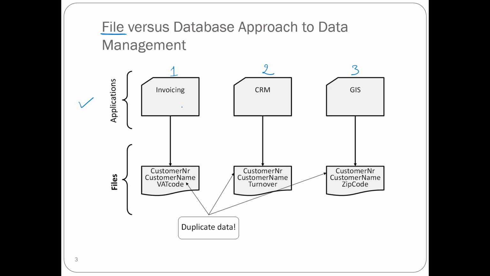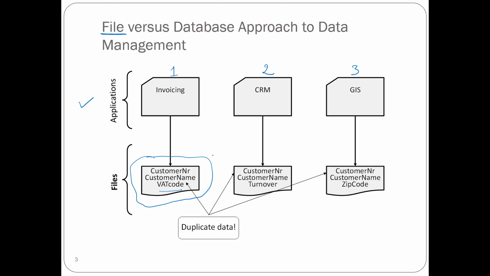But how are these applications running? They all need data. Just look at this part over here. Invoicing would need some data, and that data is coming from a file. So the invoicing application has a file from which it is getting the data, and the data has customer number, customer name, and VAT code.